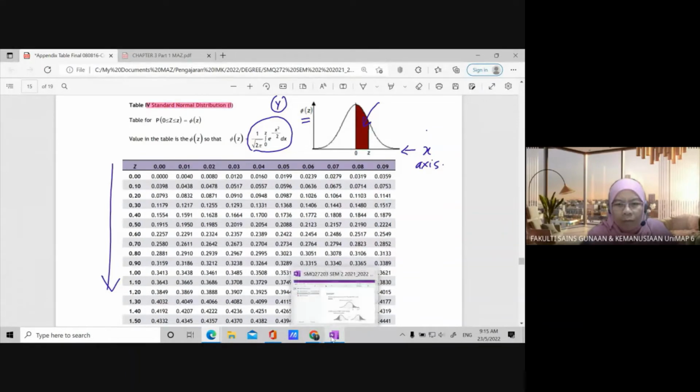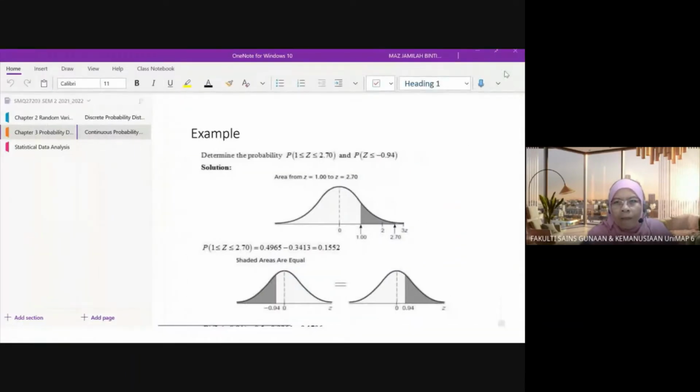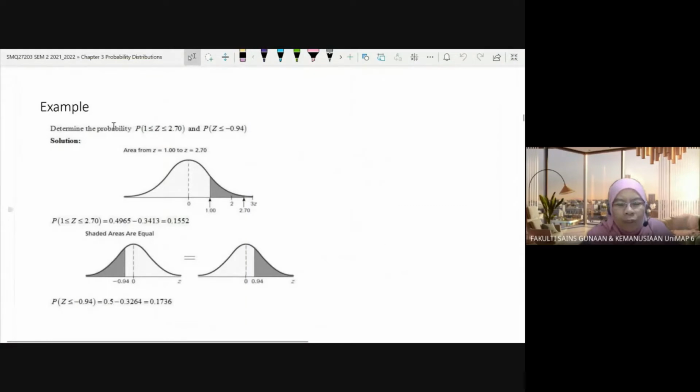Now we get back to our notes just now. Let's say you need to determine the probability of Z. Okay, straight away we are talking about standard normal Z taking place from 1 until 2.70, and Z less than negative 0.94.